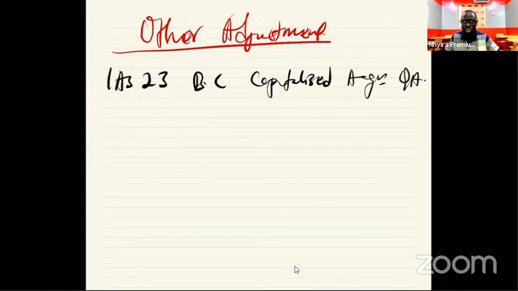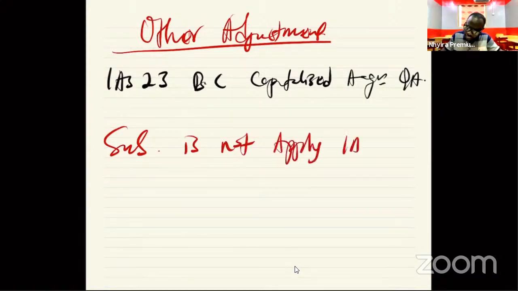That is IAS 23. Now, if for some reason the subsidiary is not accounting for borrowing costs in accordance with IAS 23, in other words, the subsidiary is not applying IAS 23, when the parent acquires the subsidiary, immediately they would have to start the application, because on the face of the consolidated financial statement, we have to bring the financial statement of the subsidiary in line with the same accounting standards as the parent entity.